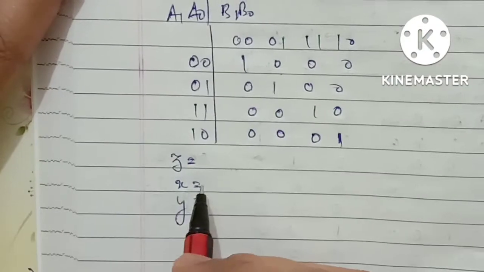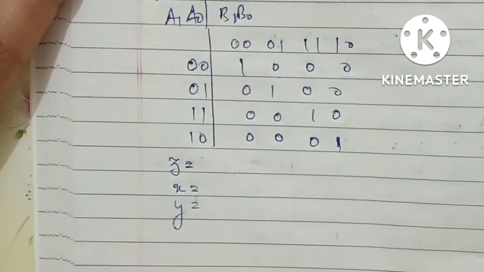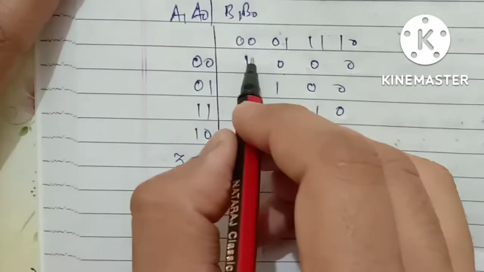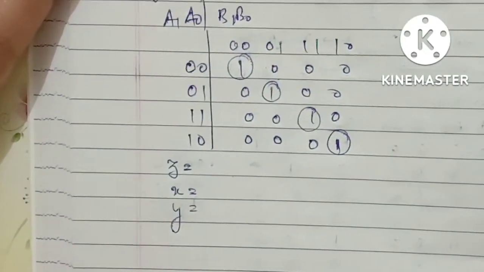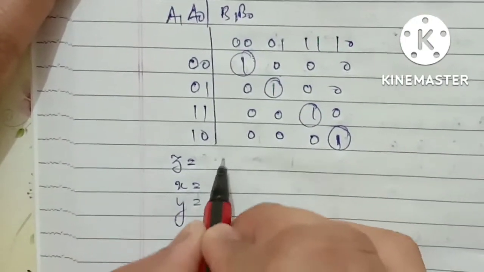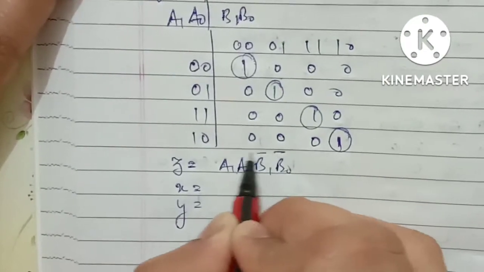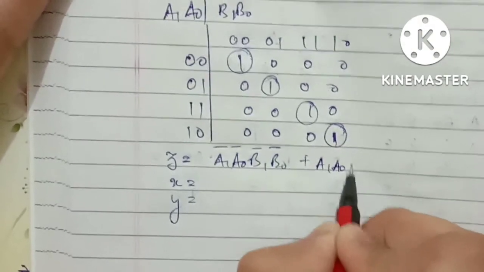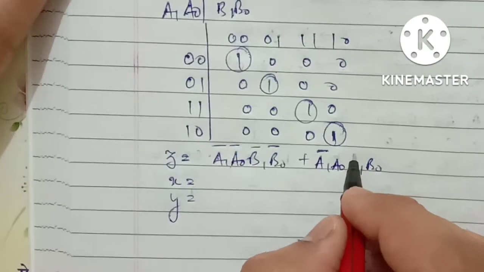Your equation of x, y, z also, because it is on the back side of the page, I am directly writing here. Here, in z, we have a K-map. In the K-map you can directly write a1 b1 b0. For this a1 a0 b1 b0, the 0 means a bar will come.